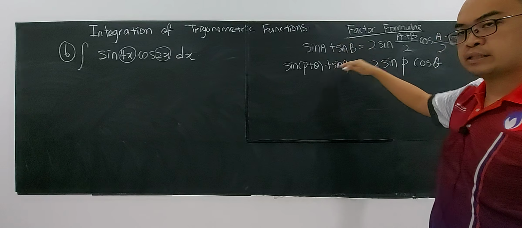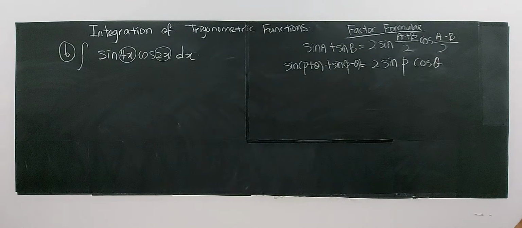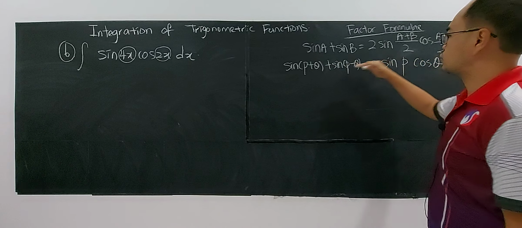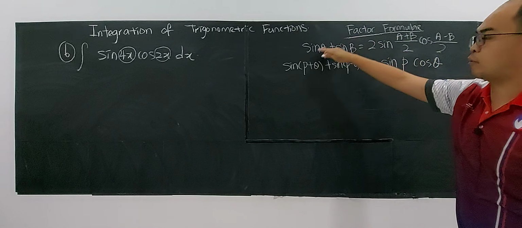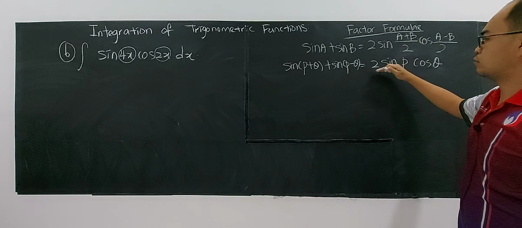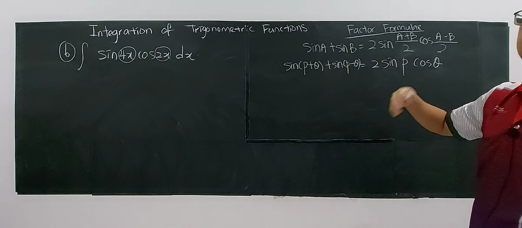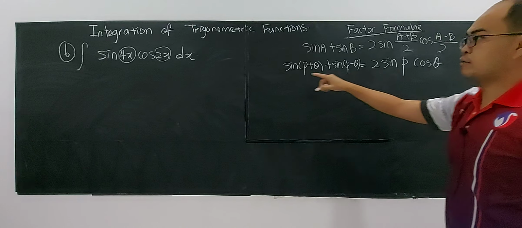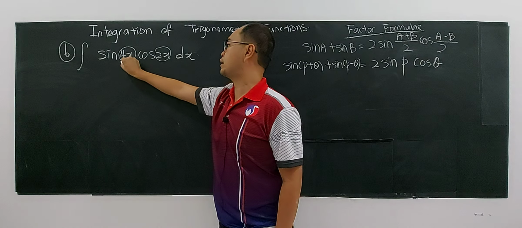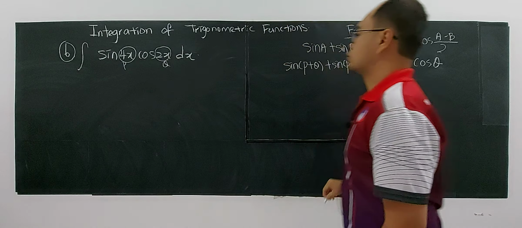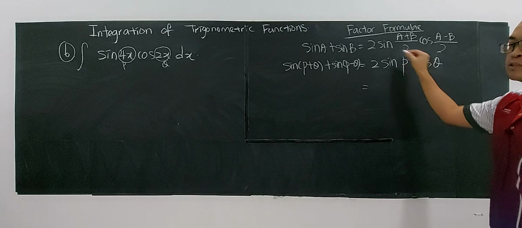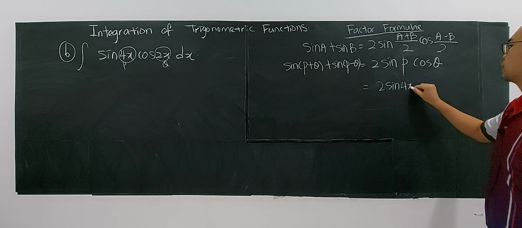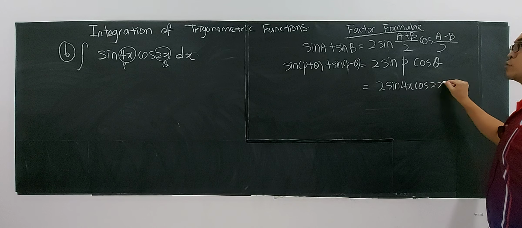Why I get this, I have shown you in that video also. Now I'm going to use this formula because I want to convert this to addition form. This is the formula given, so I convert by this, so it is easy for me to change it to addition form. Now I can see that this is my P and this is my Q. I just follow this formula, 2 sine P cos Q, where my P is 4x and my Q is 2x.